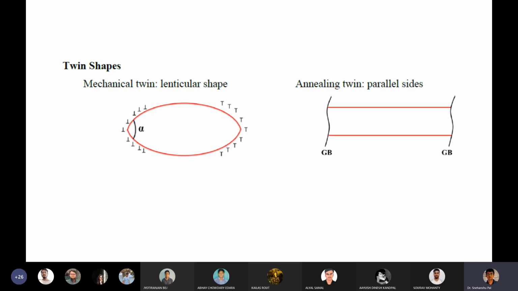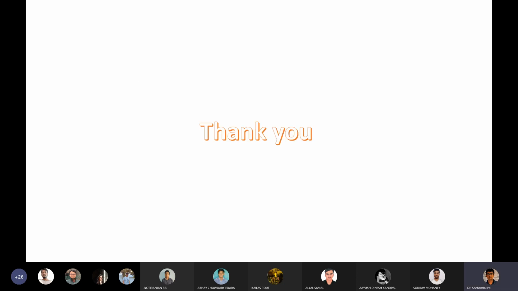If they are slip lines, then if you repolish the surface, they will go. But twin markings are not going to be eliminated. So thank you. That's all for discussing the twinning phenomena. Any doubt?